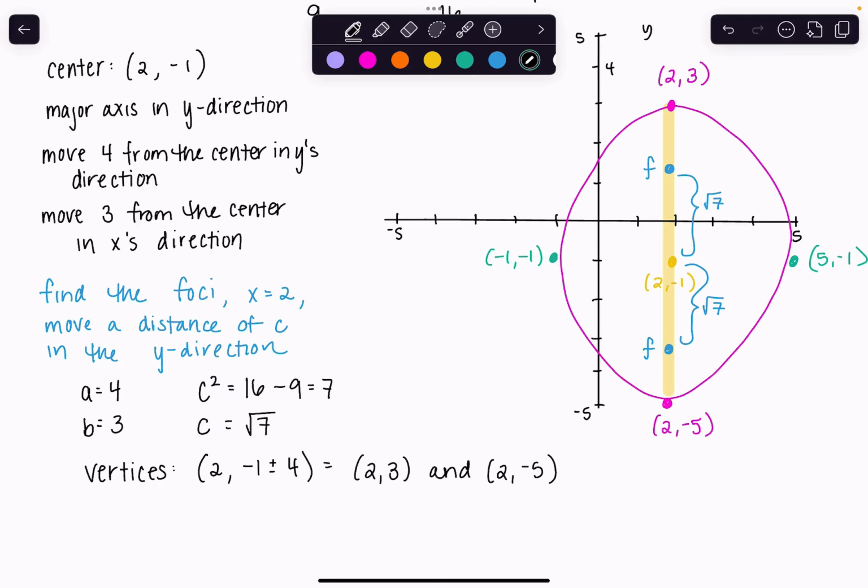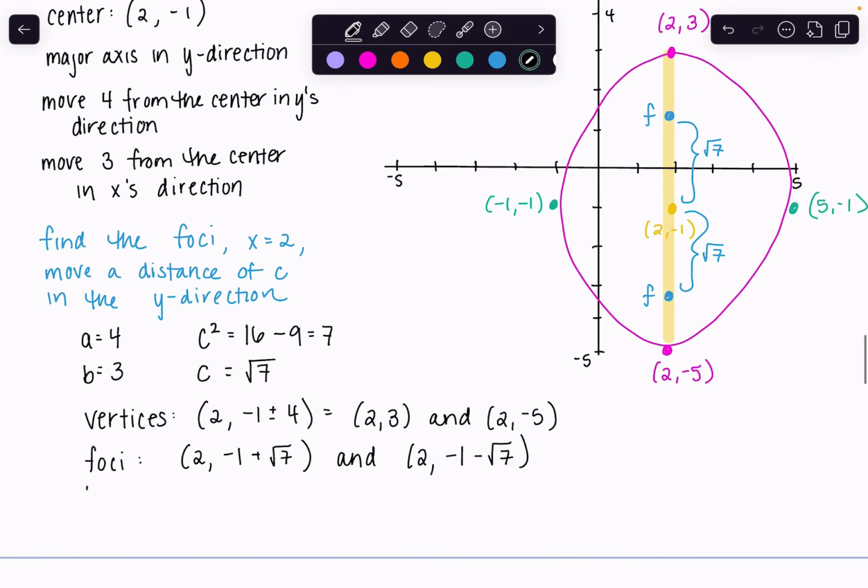For our foci, I don't have nice coordinates because we have to add or subtract this distance of root 7. So again, the x coordinate stays untouched. And then in that y coordinate, we went up a distance of root 7. And then we also went down a distance of root 7. So you can write it as plus or minus, or you can go ahead and write it as 2 separate points, up to you, okay?